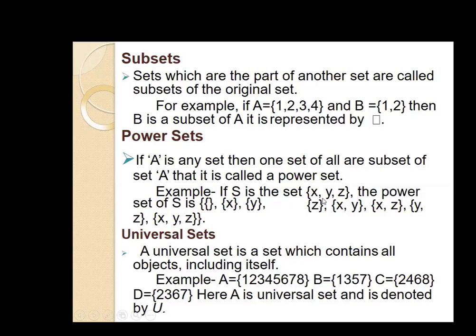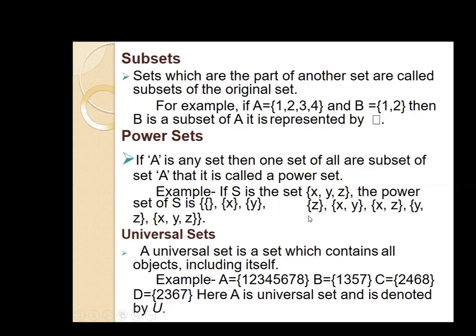If you want to break this set X, Y, Z into all possible small sets, first we have to write the empty set, then the singleton sets of these three objects: X written separately, then Y, then Z, right?